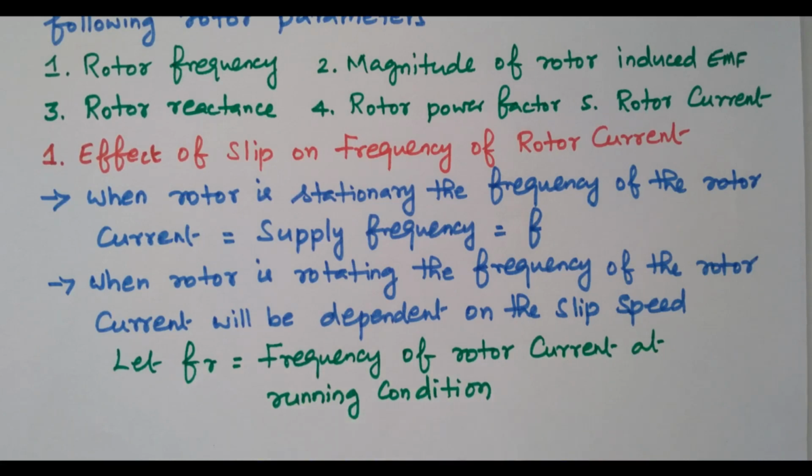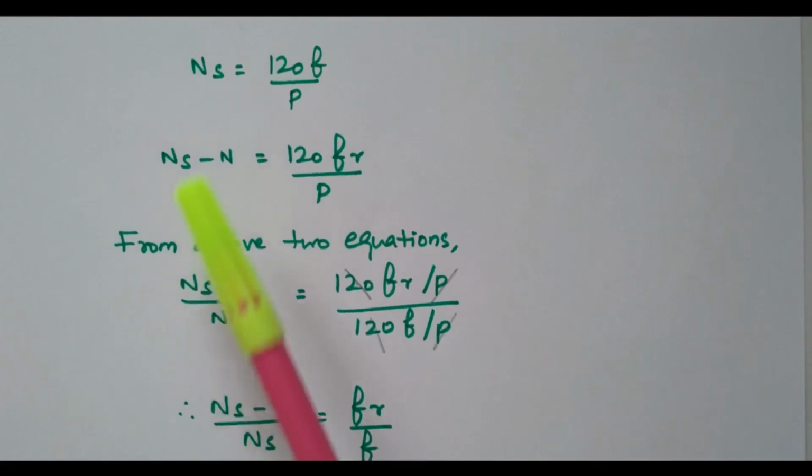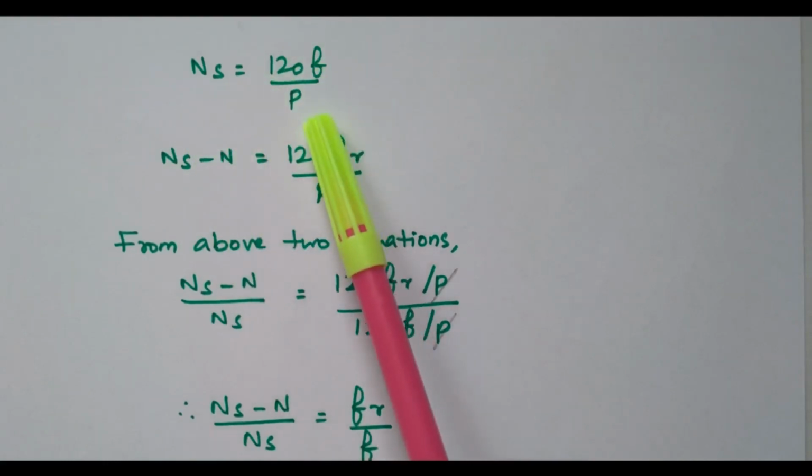Now we will analyze this. We know the synchronous speed ns equal to 120 f by p, the standard formula.